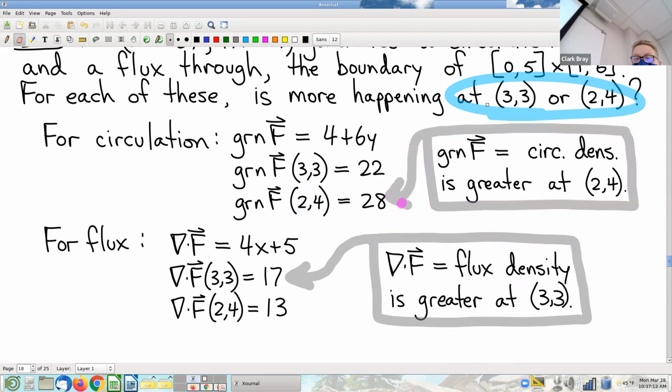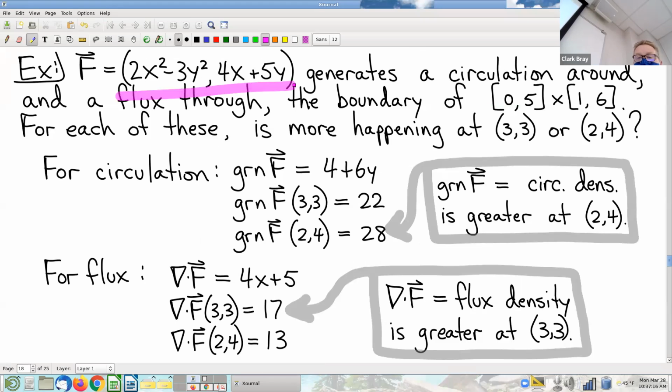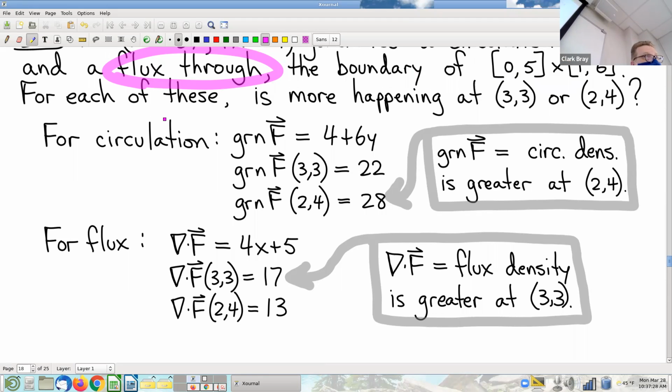Likewise, by the way, with the flux, same vector field, same rectangle. I can talk about the amount of flux through that rectangle. Which one of these two points has more flux being created? Well, flux is understood by divergence.